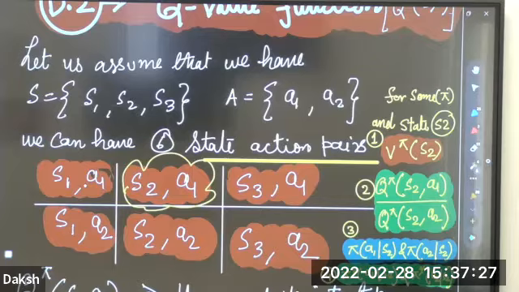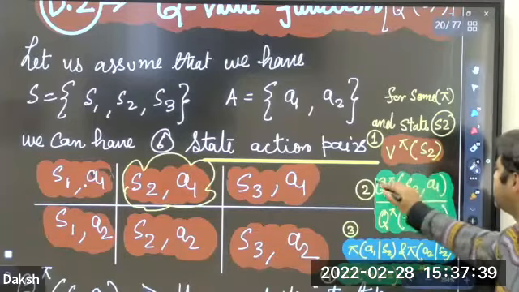So it will be the expected DCFR given that I have started from S2 and following pi. Yes, sir. That is given that we are in a specific policy. Okay. What about this?